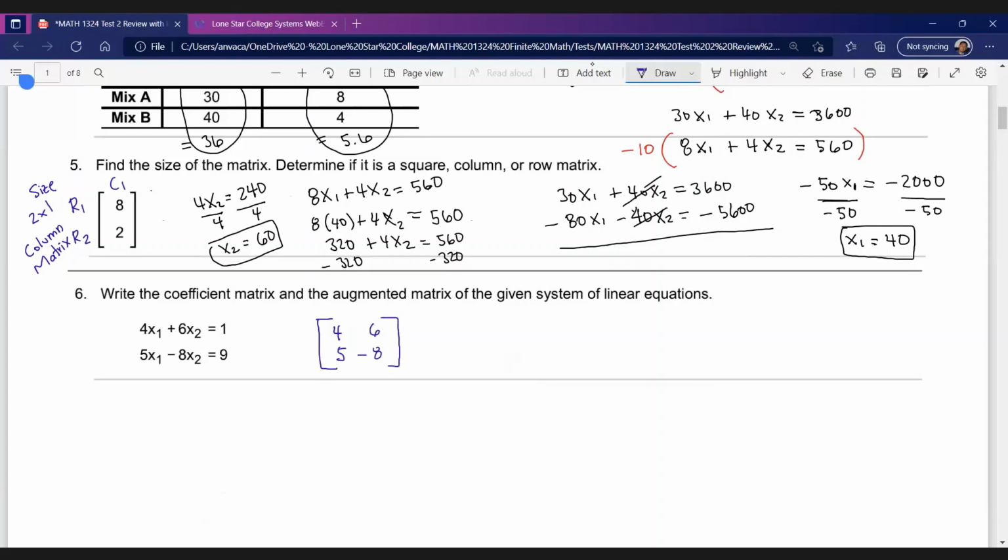And then the augmented matrix will be the coefficient matrix augmented with the column matrix 1, 9. All right, moving on.